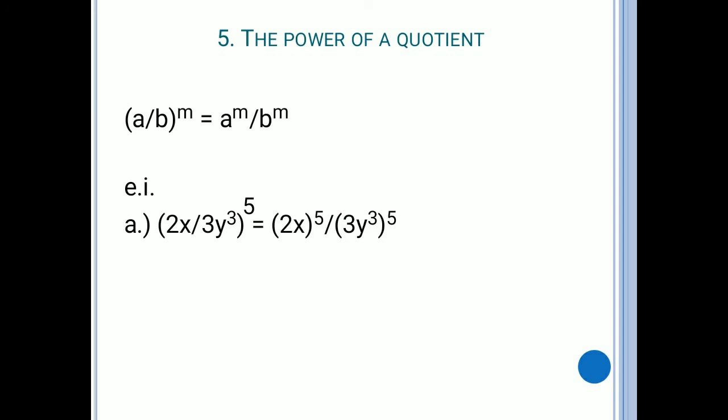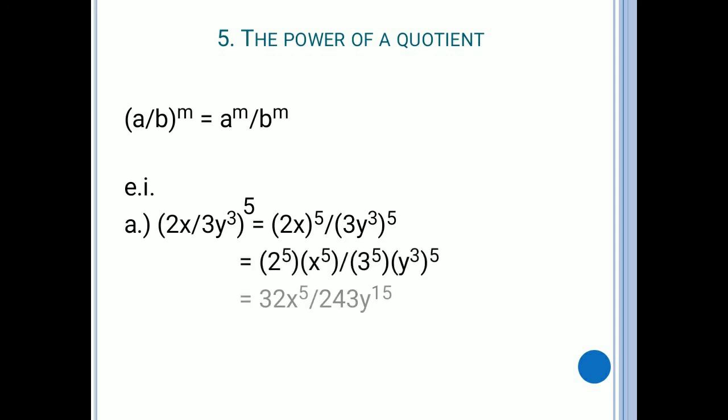So, ang una natin gagawin ay yung 2 i-raise natin sa 5 and then yung x i-raise din natin sa 5. Over yung 3 i-raise natin sa 5 at yung y to the 3rd power ay i-raise din natin sa 5. So, pag sinimplify natin, 2 raised to 5 is equal to 32 and x raised to 5 is equal to x raised to 5.